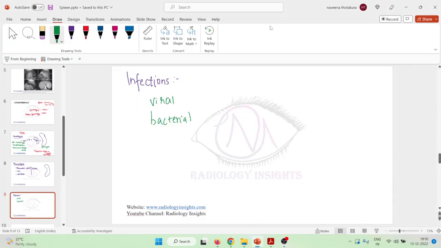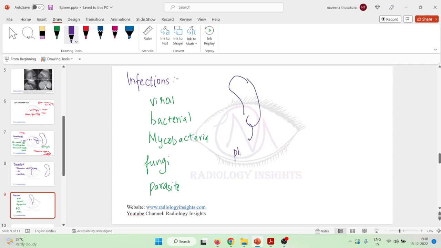There are some viral infections, bacterial infections, mycobacterial infections, fungal infections and parasites. If you remember, the spleen is a site where phagocytosis occurs, and it is also responsible for the immune response.